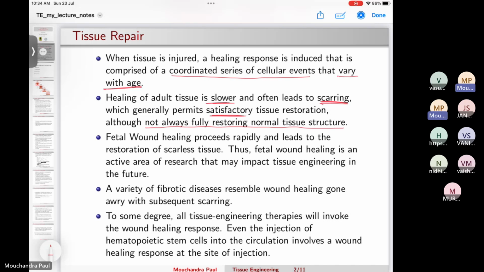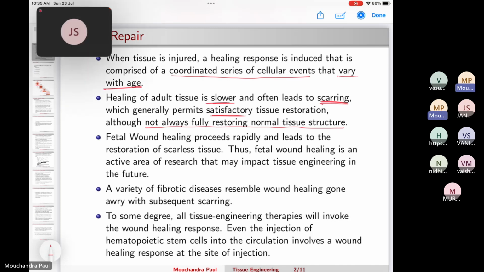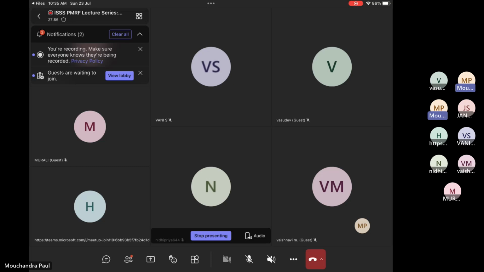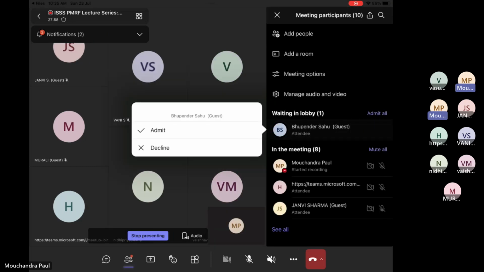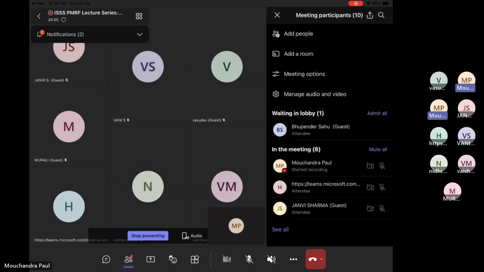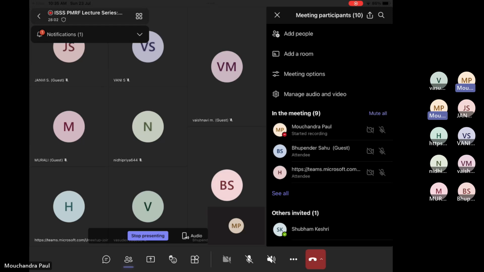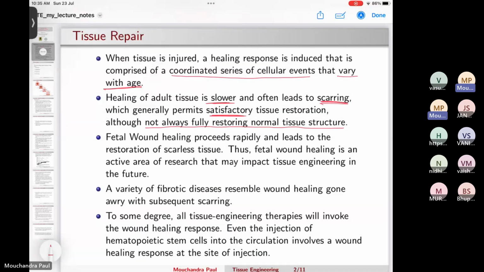Okay, Vani has also sent me just now. Okay, that's fine, but make sure that from the next time you guys send within the time. So Bhupendra, I have not received your answer script.